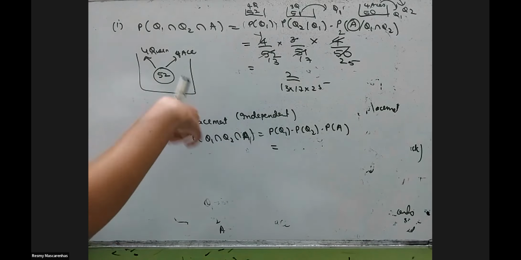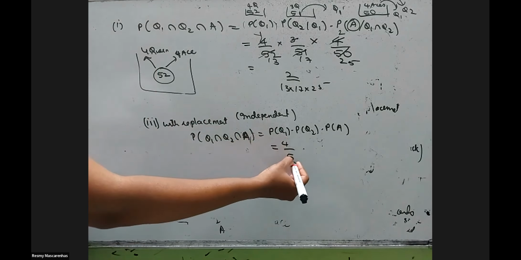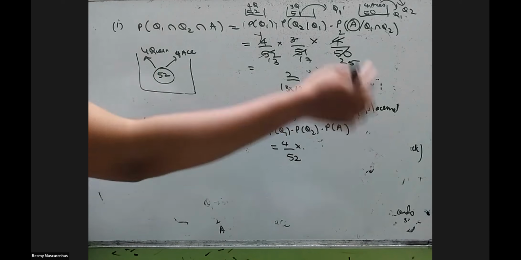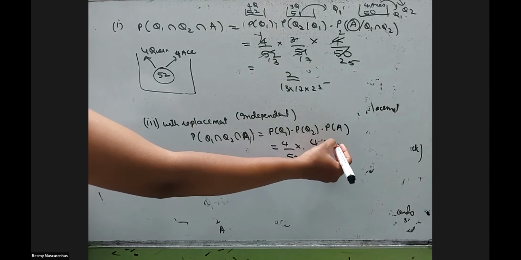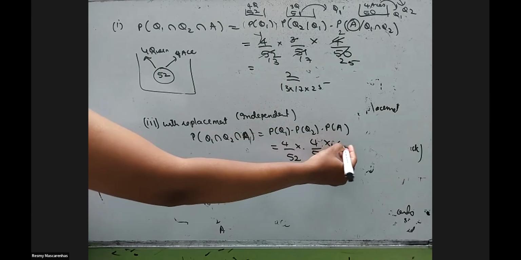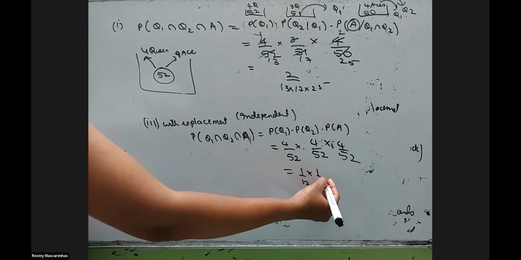Q1 is how much? First time when you go, you have 4 out of 52. Again also, because the card is put back, still you will have 4 out of 52. For ace, there will be 4 aces again out of 52. 1 by 13.